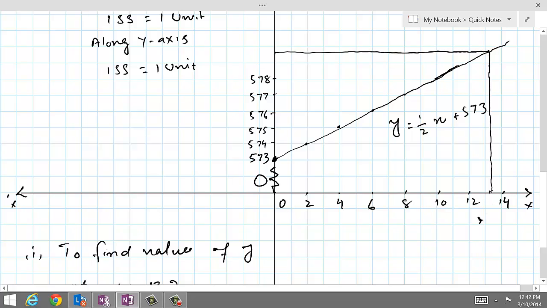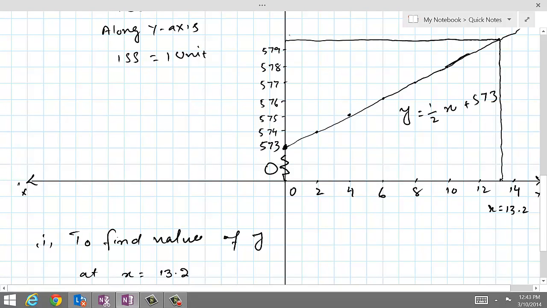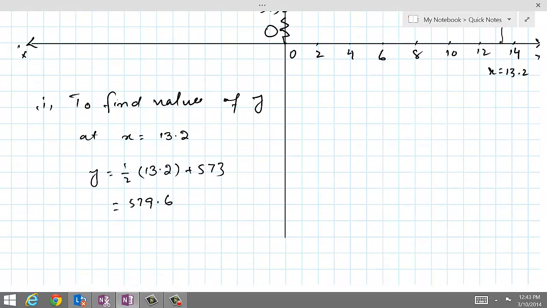So this is x equal to 13.2, and the value we can read is, this is 578, this is 579, and 579 point something, and this we got algebraically 579.6, and that is approximately 579.6 as well. So whether you read it from the graph or you algebraically calculate the value of y at x equal to 13.2, both will give you the approximation of y equal to 579.6.